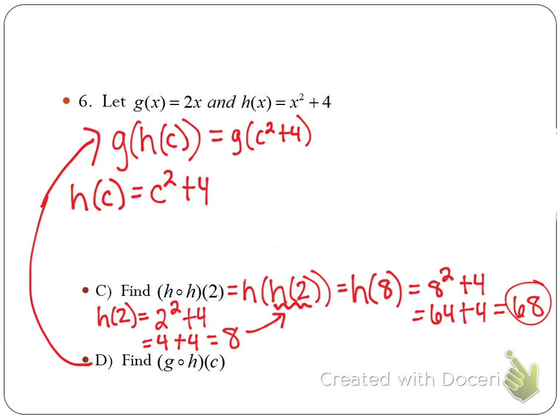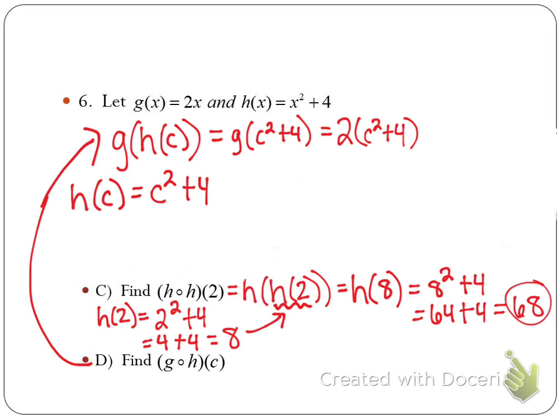For this last part, I need to rewrite which function? Rewrite the G function and leave a blank for the X. What's going to go inside of that blank? C squared plus 4. Instead of an X, I'm using the expression C squared plus 4. Now what can I do to simplify that?